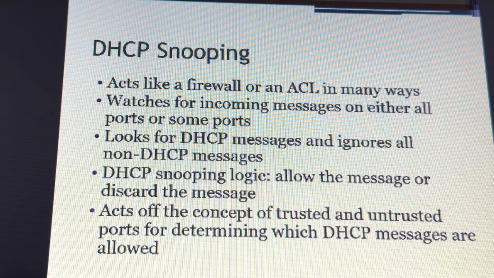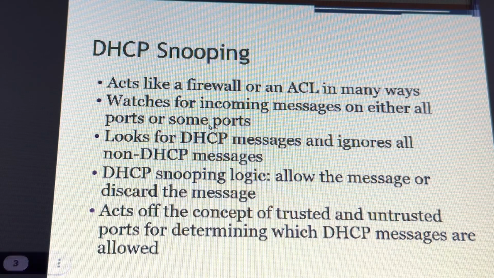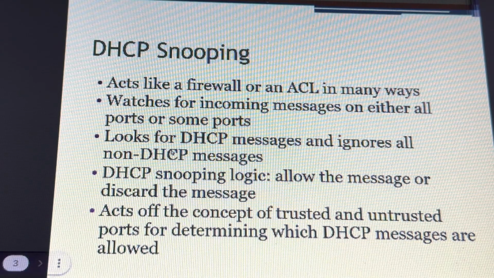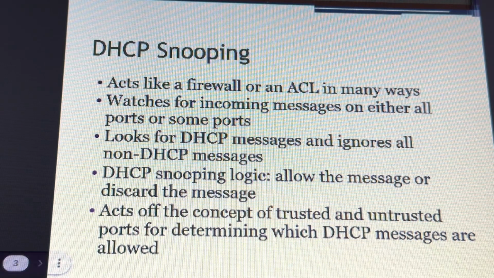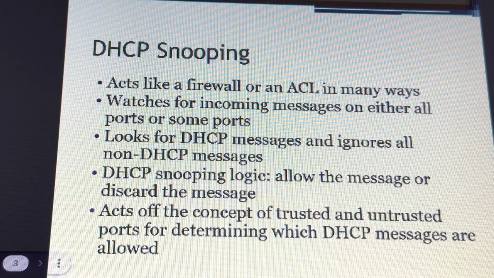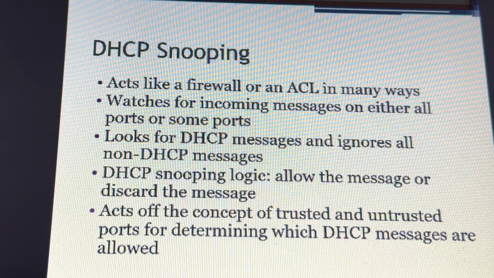So it watches for incoming messages on either all ports or some ports, looks for those DHCP messages, and ignores non-DHCP. So for DHCP snooping, we're only looking for DHCP messages. And then it has logic that says either allow or deny. And we can control that by telling it which ports we want DHCP messages to be allowed on and which ones we do not want it to be allowed on.